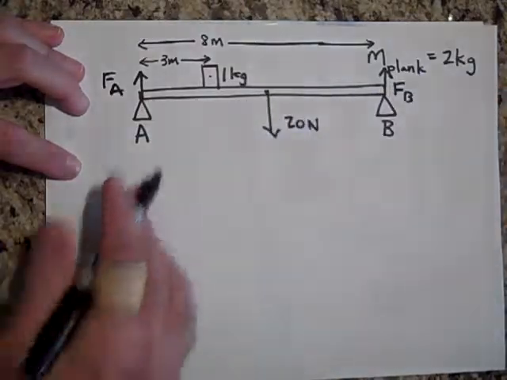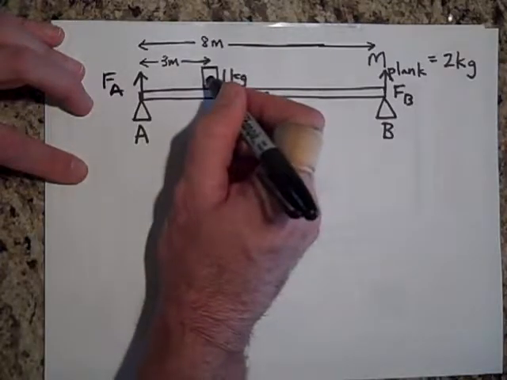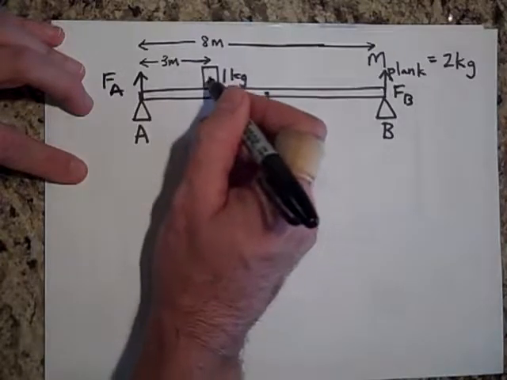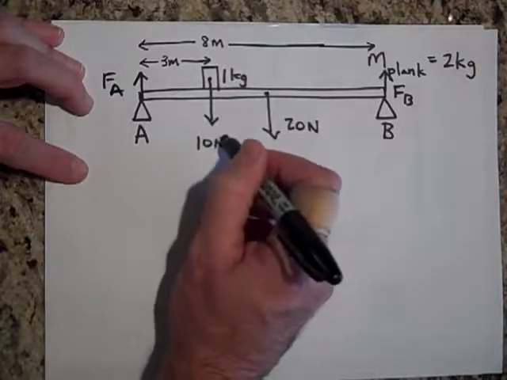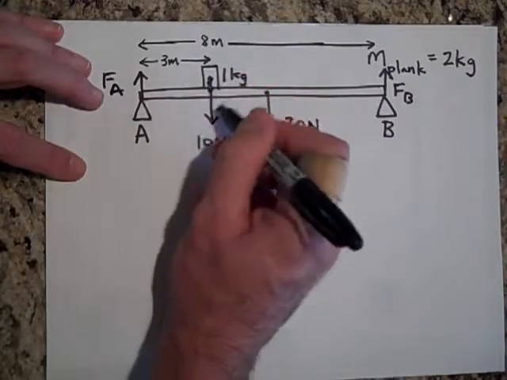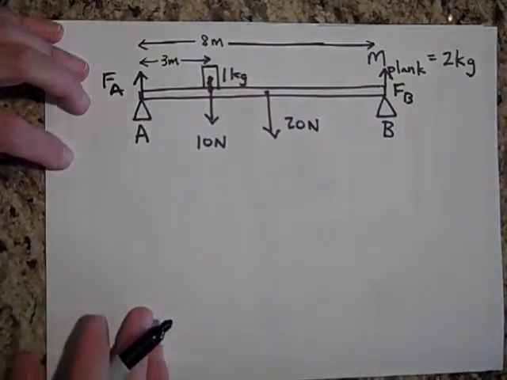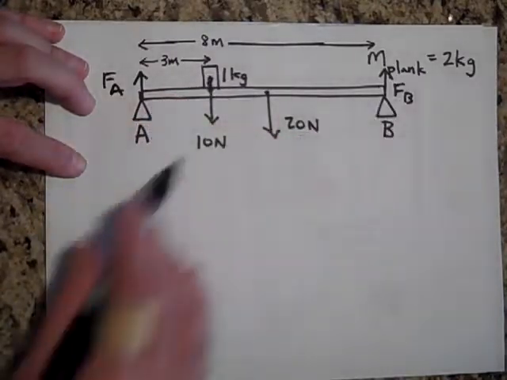Notice I'm putting that at the center of mass. And then there's this box that is 1 kilogram that's pushing down with 10 newtons. I should have put it right here. That's 10 newtons downward. I'm not drawing a force diagram of the mass, I'm just drawing it of the plank.